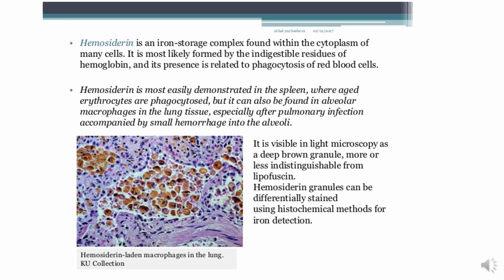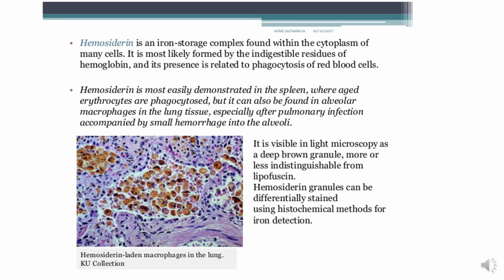Now, the other inclusions are the pigments. Hemosiderin is an iron storage complex found within the cytoplasm of many cells. It is most likely formed by the indigestible residues of hemoglobin, and its presence is related to phagocytosis of red blood cells.